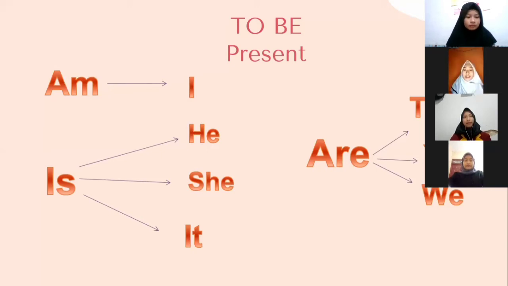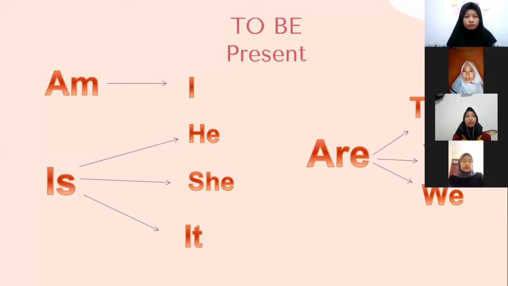So here, guys, to be is also used as a verb in a sentence. So when we use to be, we may not use a verb in the sentence.